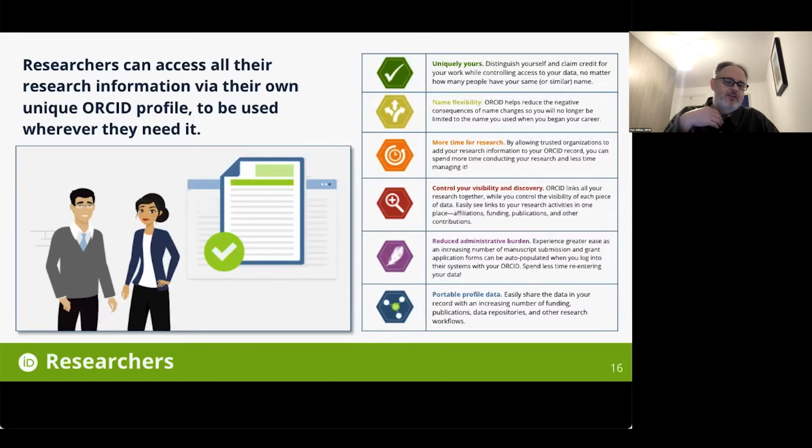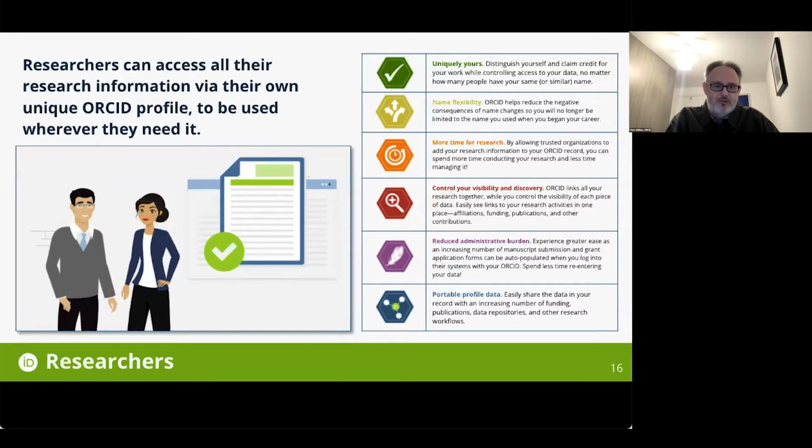So the ORCID ID enables that problem to be solved by unambiguously allowing the researcher to associate themselves with all of their contributions. But you know, over the past 10 years, we've identified a number of other benefits for researchers.